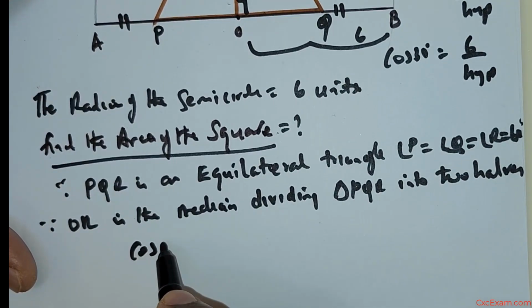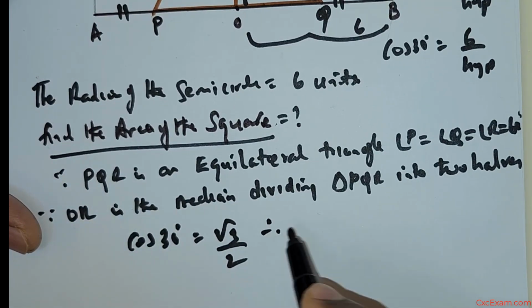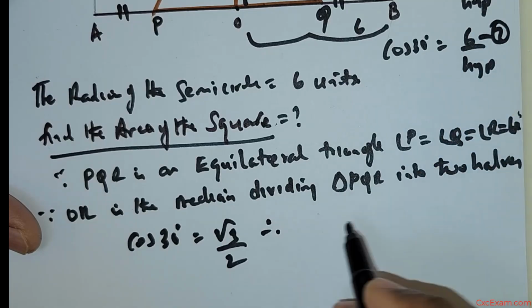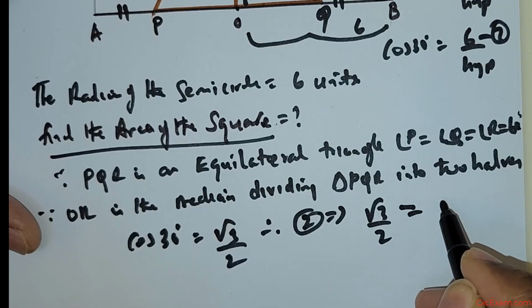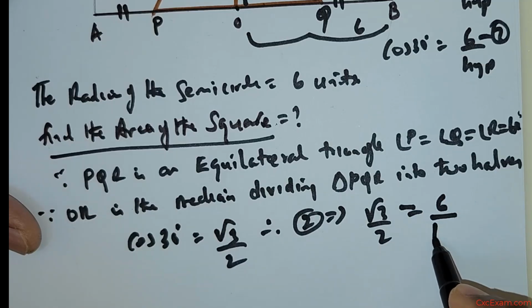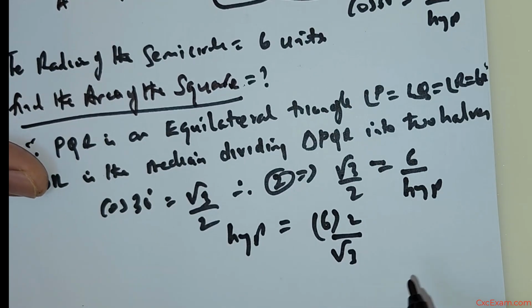Now what is cos of 30? Cos 30 is root 3 over 2. So therefore root 3 over 2 is equal to 6 over hypotenuse. We need hypotenuse side, so hypotenuse is equal to 6 times 2 divided by root of 3.